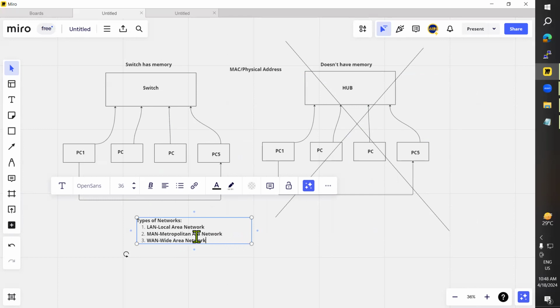So these are the types of networks. Usually LAN, where we see LAN, it is a private network. We can call it a private network as well. We see it in offices, and in your home.